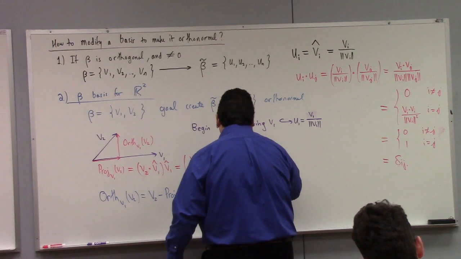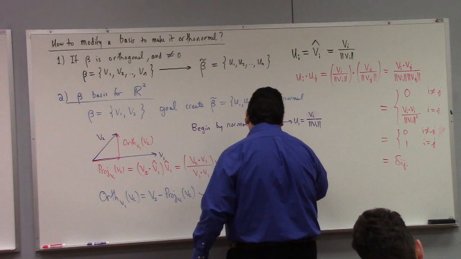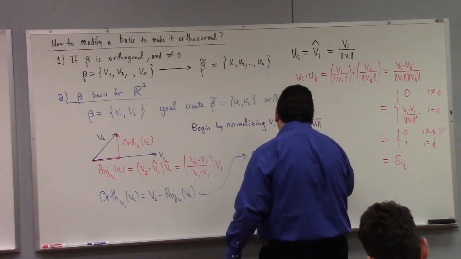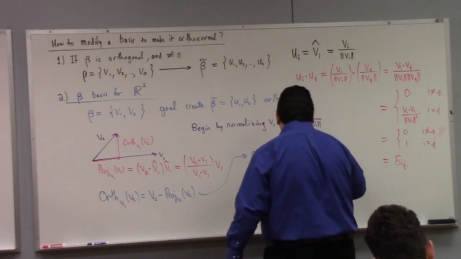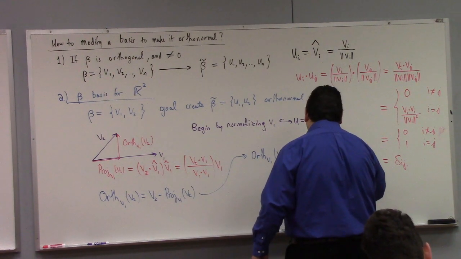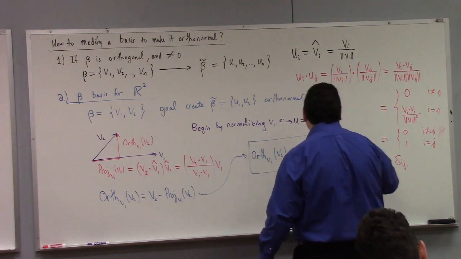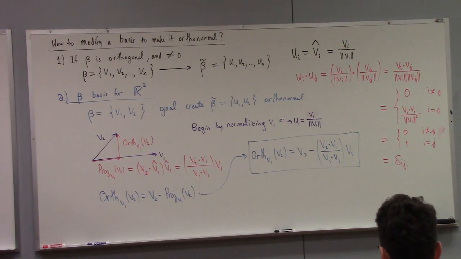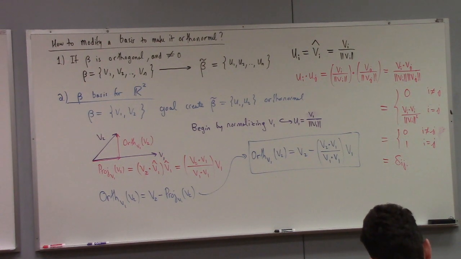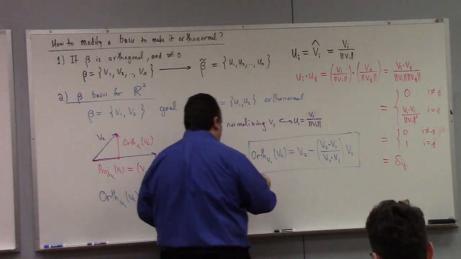The larger point here is that orth v1 acting on v2 is simply equal to v2 minus v2 dot v1 divided by v1 dot v1 times v1. All right. So there's a stone cold formula for the orthogonal projection. That will give you a vector which is necessarily perpendicular to v1, right? Like you can check it.